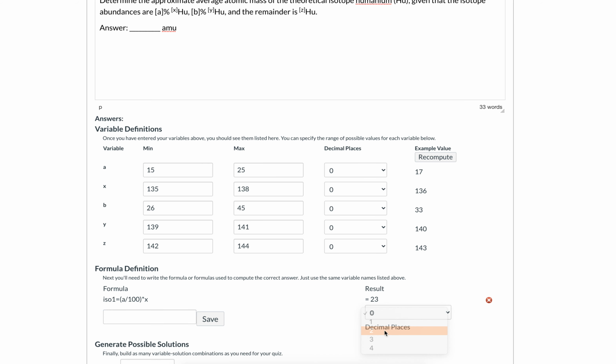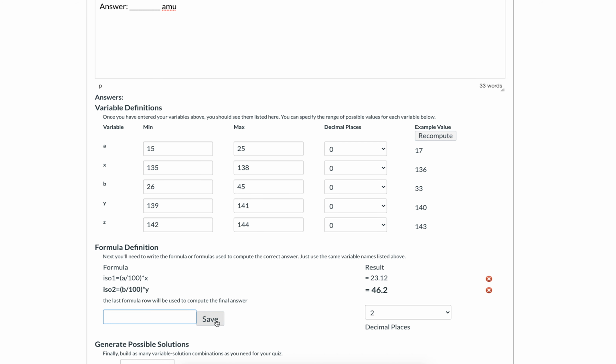I need some more digits here. I'm going to do the same thing. So iso 2, that's going to be B. So B is a percentage as well. Divide that by 100, turn it into a decimal. Multiply that decimal by Y, which is the respective mass that correlates to B. Save that.